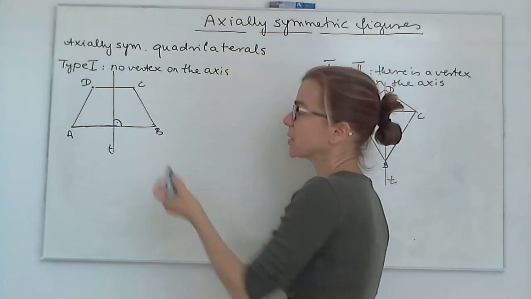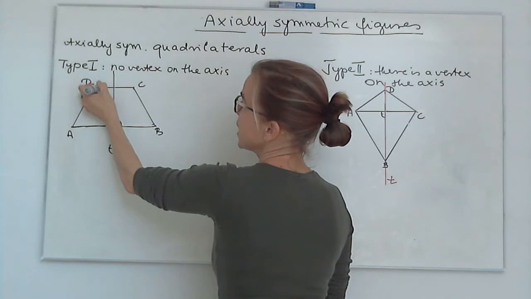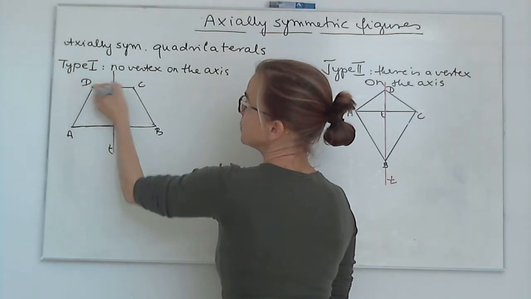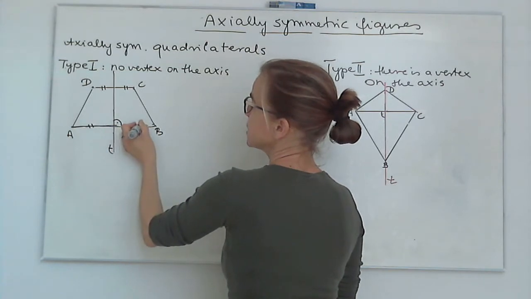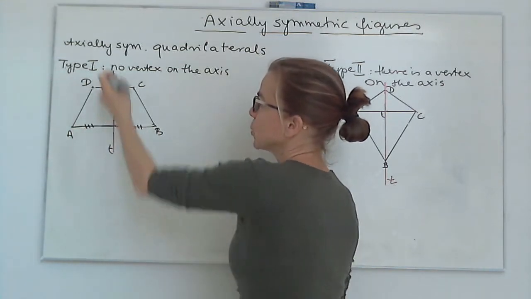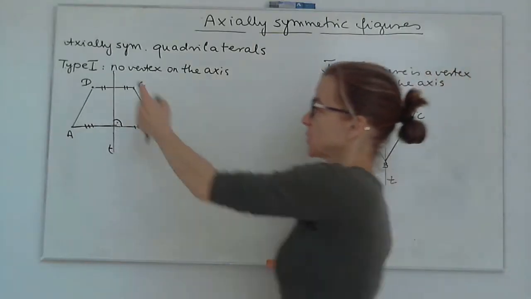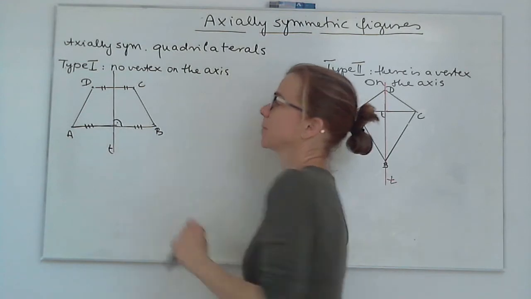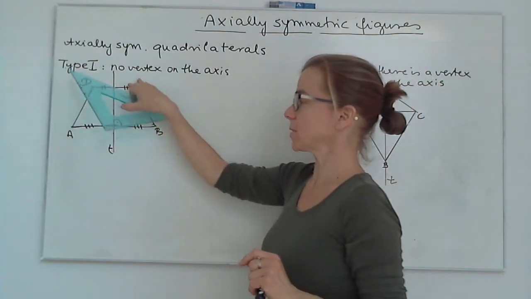So it follows that you are going to end up with a figure which has 2 bases, let's call them base 1 and base 2, whose perpendicular bisector has to be the axis. So this axis is the perpendicular bisector of base AB and also base CD.